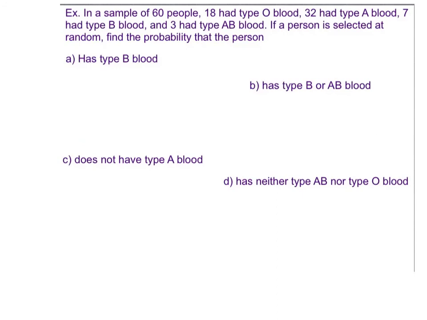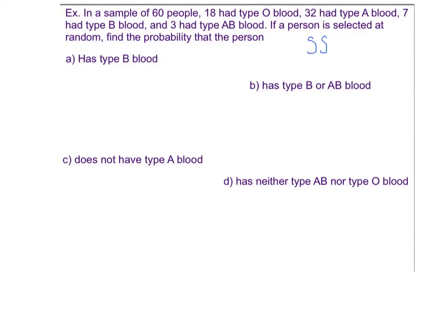So the next problem would be a sample of 60 people with different blood types. 18 had O, 32 had A, 7 had B, and 3 had AB. And if a person is selected at random, find the probability that the person A has type B blood. So the first thing you need to know is, of course, you guessed it, sample space.